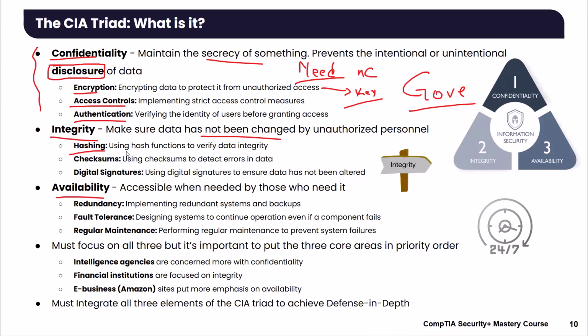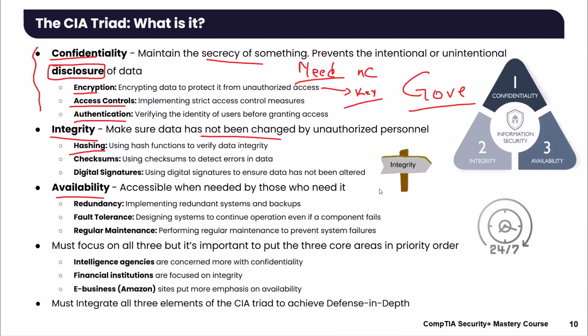How many people here have heard about hashes? Put those in the chat and give me some examples. What is a hash? What is a hash algorithm? Hashing is only one way.